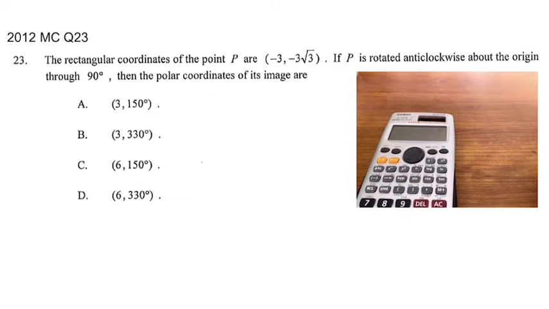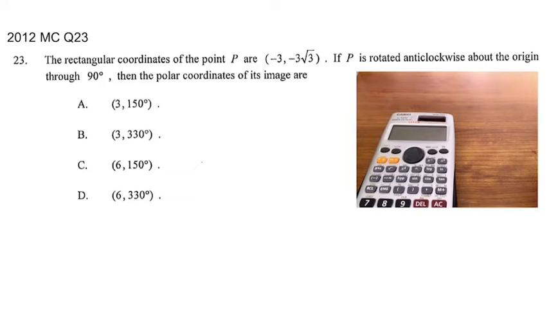This is about the 2012 Paper 2 multiple-choice question 23, and this topic is about coordinates. First of all, you are given the rectangular coordinates of one point called P, and then that point is rotated anti-clockwise. Okay, again, the opposite of the clock.